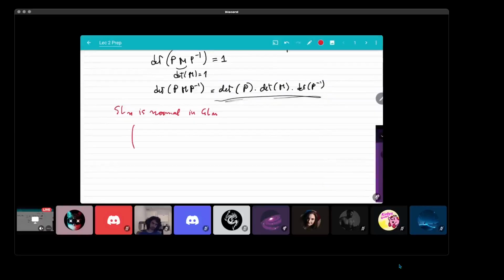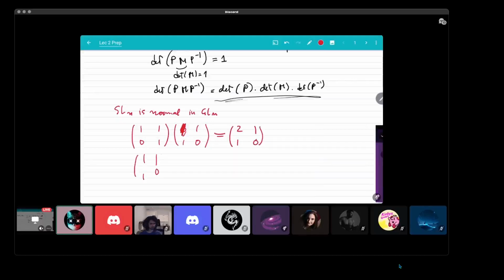Counterexamples of matrices with determinant 1 that do not commute? Well, I don't know, let's check. Let's check, for example, do these commute? Not sure. So this is going to give us 2, 1, 1, 0.